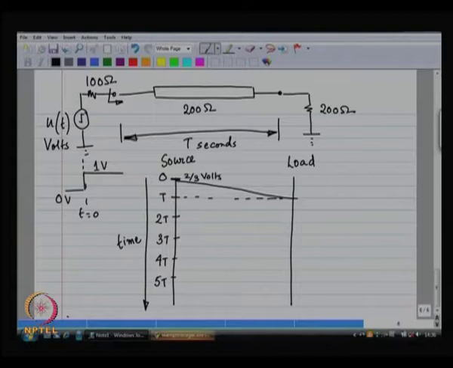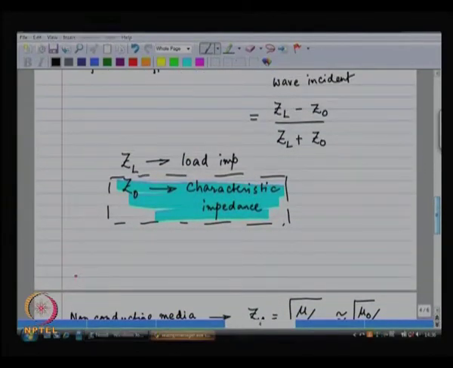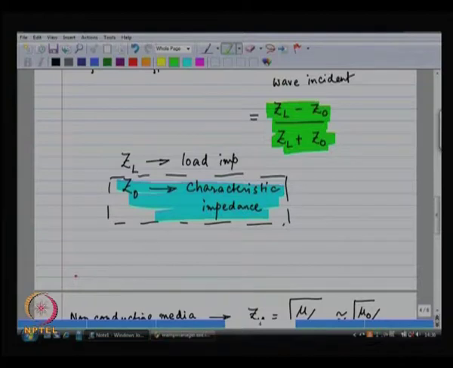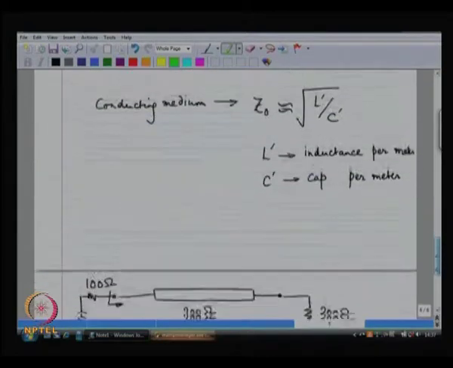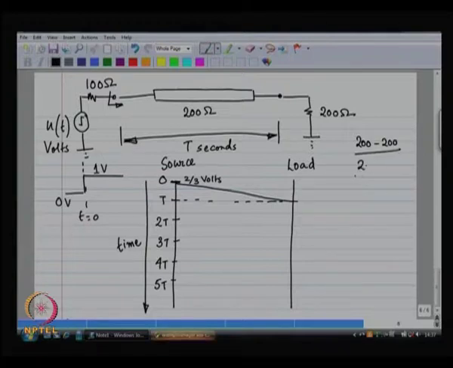So, the reflection coefficient at the load for us, remember what the reflection coefficient is, it is ZL minus Z naught by ZL plus Z naught, and this happens to be equal to 0.